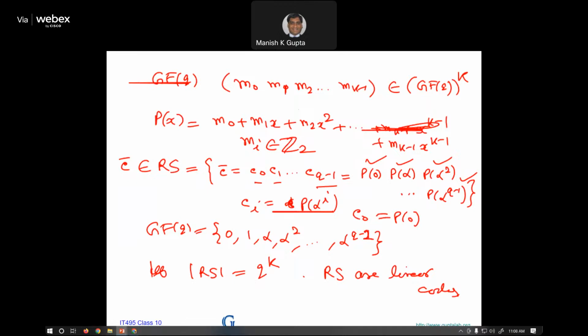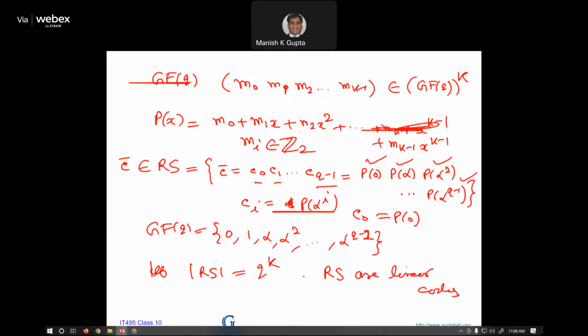We can take n points also out of these q points. And we try to evaluate it, right? So basically C0 is P of 0, C1 is P of alpha, C2 is P of alpha squared, and finally C(q minus 1) is P of alpha raised to q minus 1. We are evaluating this polynomial at those points and writing it as an element of the code word.